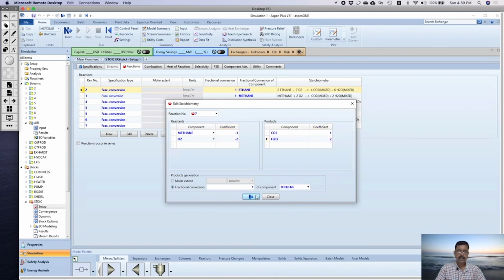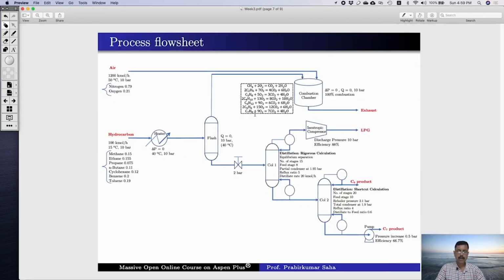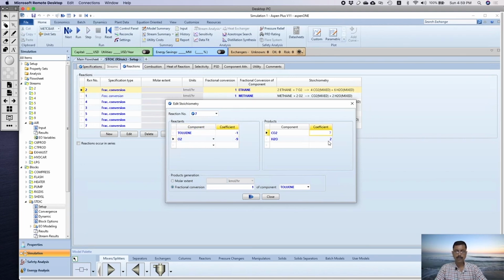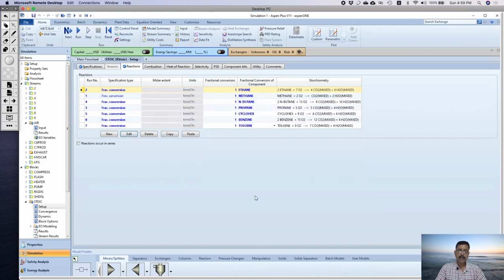And the last reaction is for toluene, 1974. Now all the reactions are given with their stoichiometry.